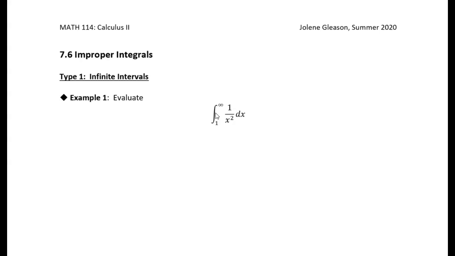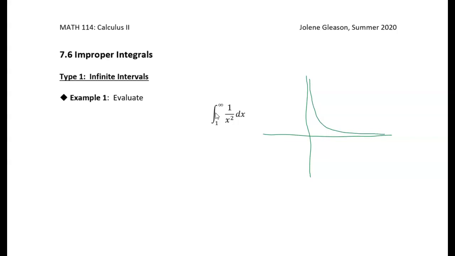But let's take a look at this function, 1 over x squared, okay? So I'm going to try to draw what this function looks like. As x approaches 0, 1 over x squared becomes large. And then as x approaches infinity, it looks like 0. So that's what the right-hand side of the curve looks like.